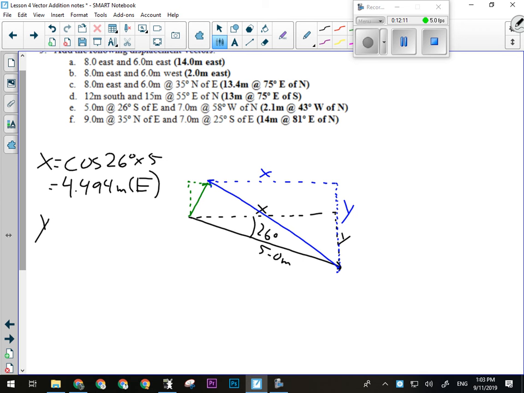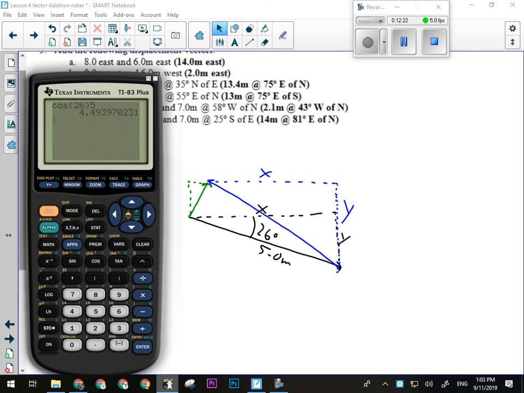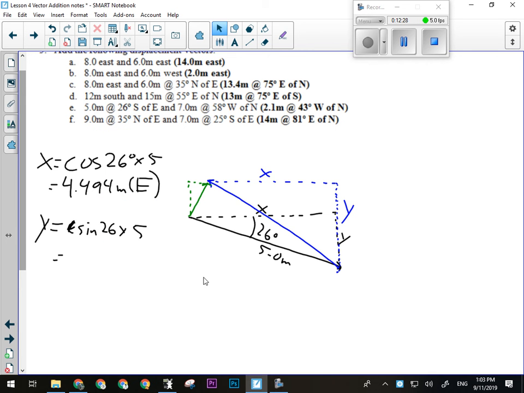And then black y is going to be the sine of 26 degrees times 5 meters, so that's going to be 2.192 meters, and that is south.